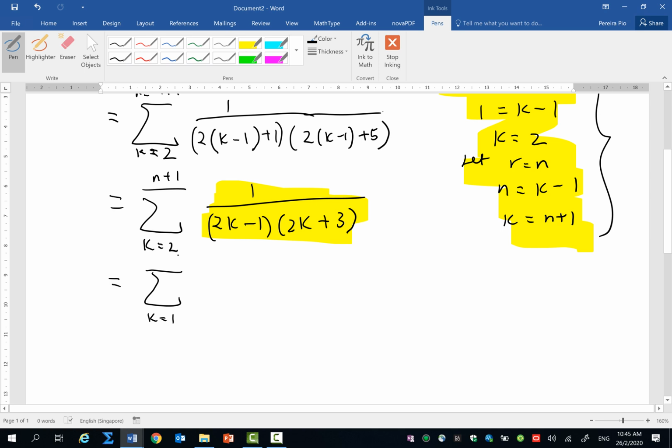If it starts from 2, I cannot apply it. I must make sure the lower limit is the same first. Usually it's 1, sometimes 0, but most of the time it's 1. So I change it by writing it as k equals 1 to n plus 1. Let me just write it properly.